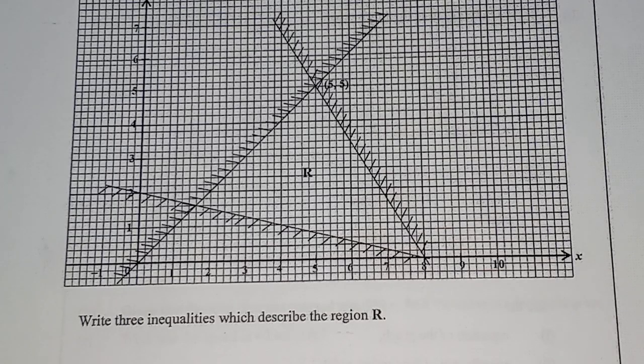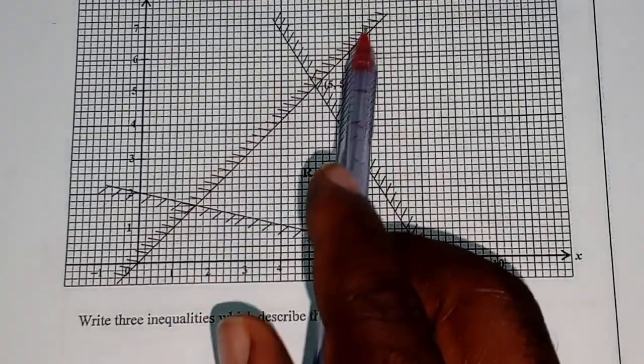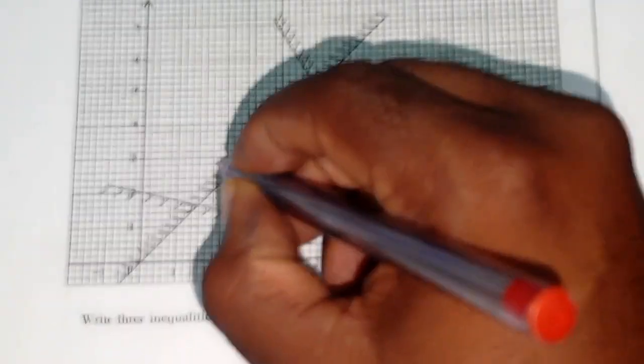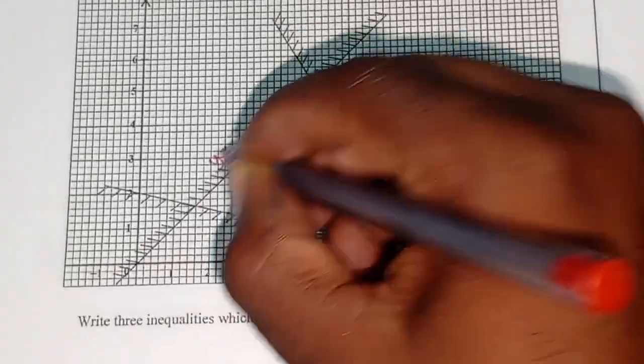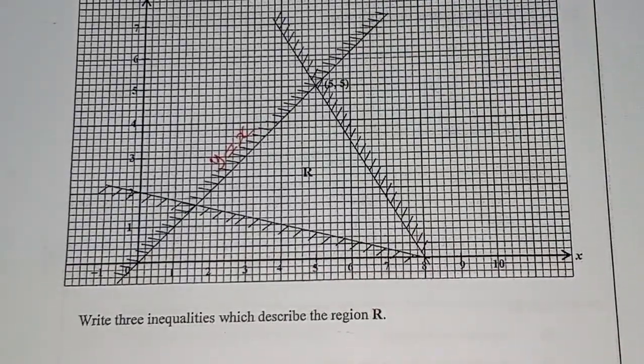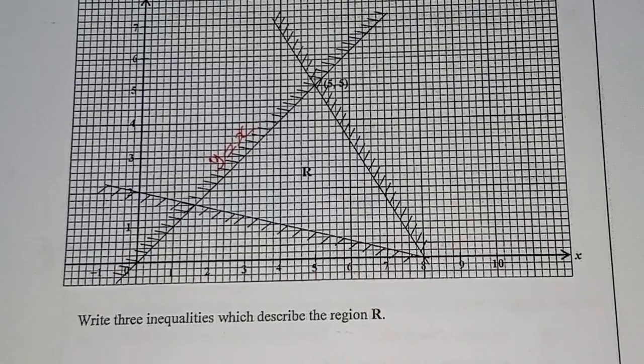So number 1, in this question, we have one special case line, of which this is the special case line. So this line, it is called y is equal to x. It is a special case line. Y is equal to x.